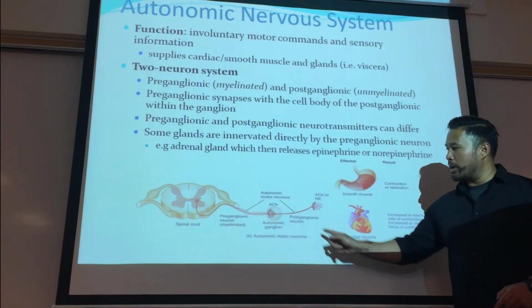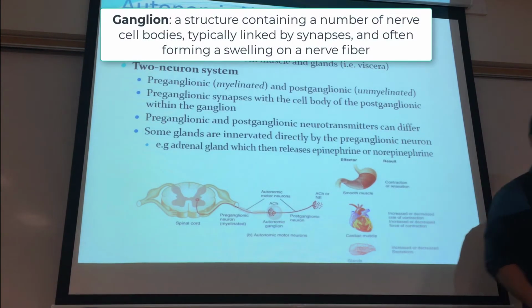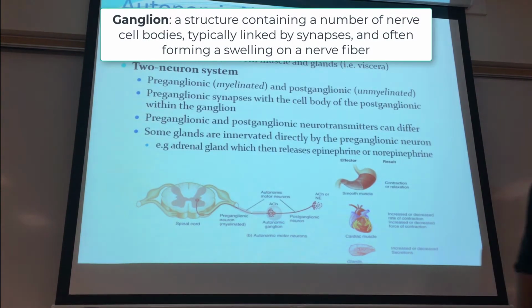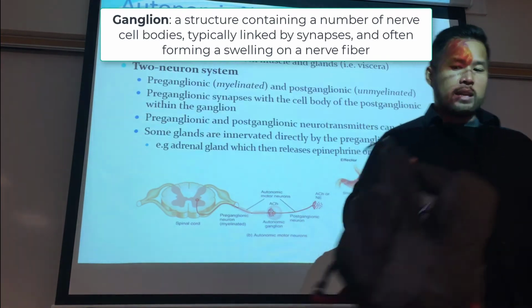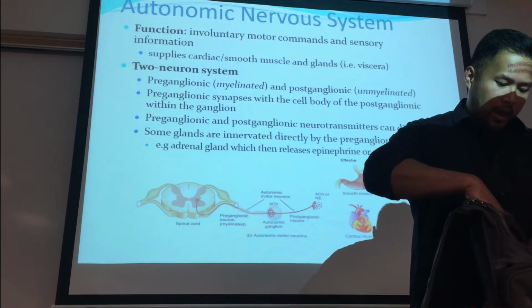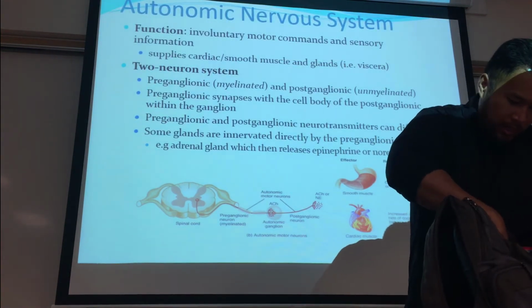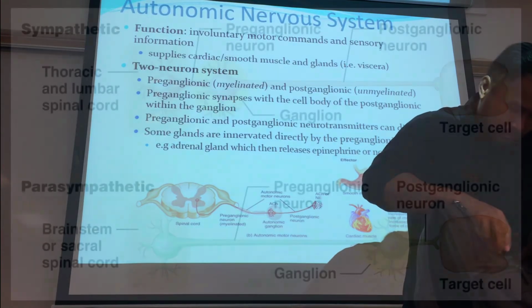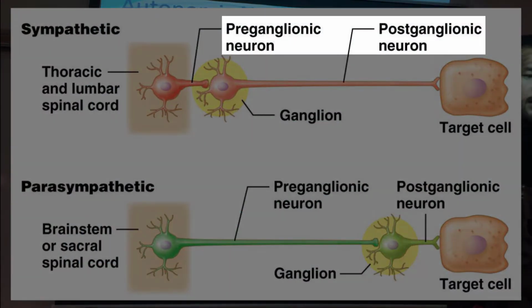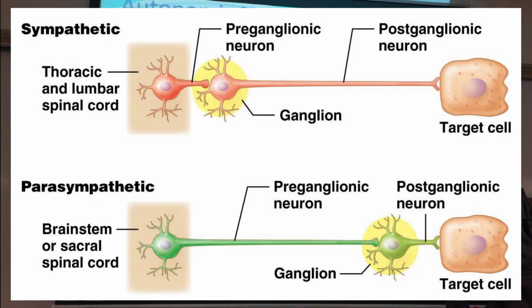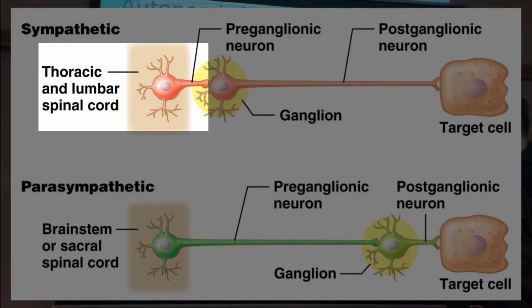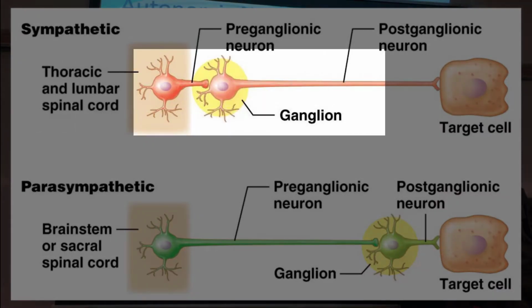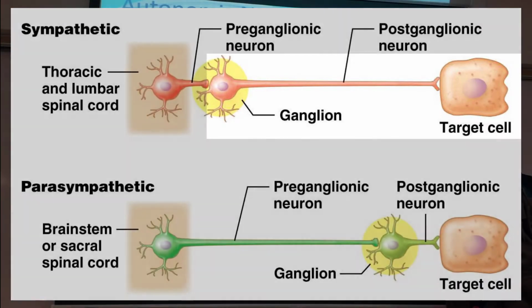What takes place in between is the autonomic ganglion, present between the first neuron and the second neuron. The way we define our first neuron and second neuron is we use the terms preganglion and postganglion. Preganglion from the spinal cord to the ganglion, and then postganglion from the ganglion to the target cell.